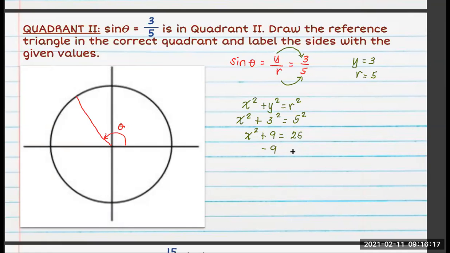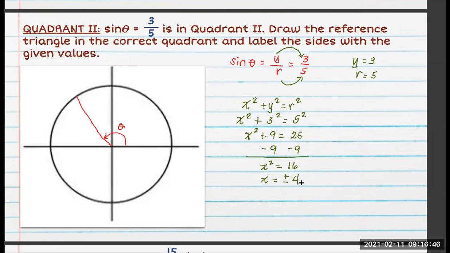We subtract 9 from both sides. So you get x squared is equal to 16. So what would x be equal to? Okay, you have a positive. Remember when you get the square root, it's either positive or negative, right? So the square root of 16 is either positive 4 or negative 4.